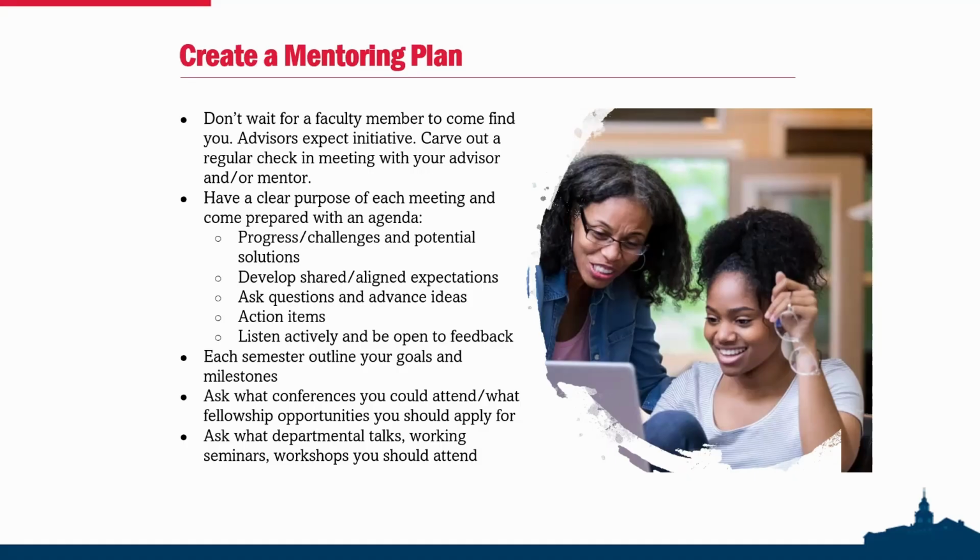So you're thinking about the challenges, and you're outlining where are the roadblocks I'm experiencing in my research, but here are the solutions I have for some of those roadblocks, right? And then you ask questions, you engage, right? You develop a set of shared expectations and align in these meetings so that you can keep on track and make sure that there's open communication.